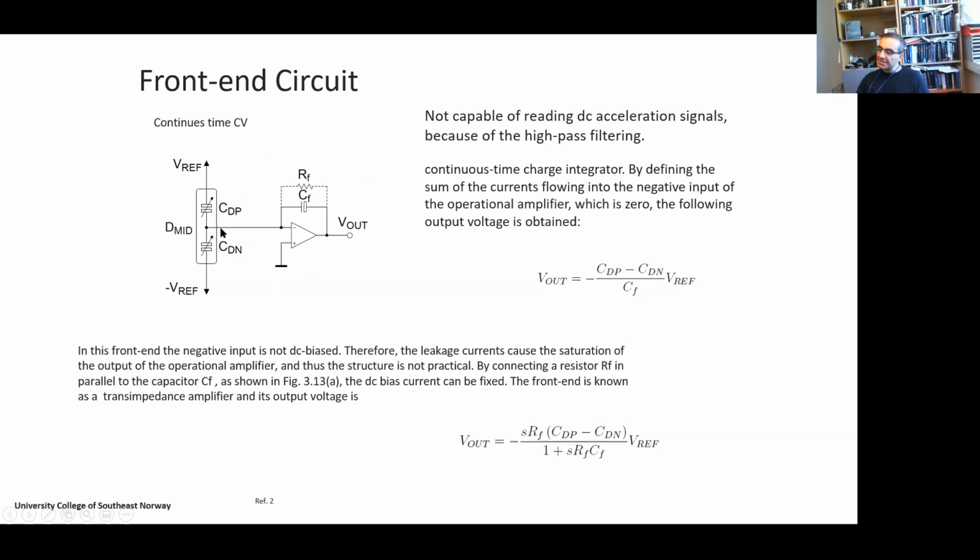The challenge is that if this change of the capacitances is slow, basically it becomes really difficult to measure anything in the middle here. So basically you can say that DC accelerations cannot be measured.